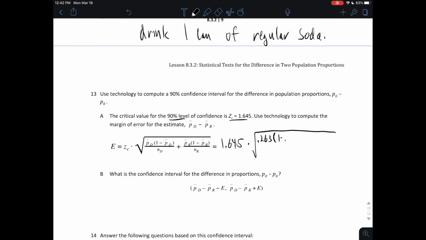So 0.263 times 1 minus 0.263, all divided by the first sample size, 910, plus p hat r, which we said was 0.303. We'll multiply that times 1 minus 0.303, and then divide by the second sample size, which was 832. And then multiplying all of that together, we're going to get approximately 0.036.